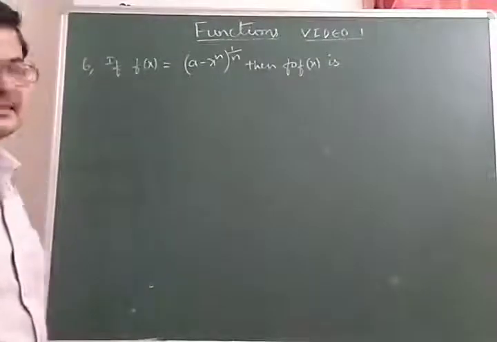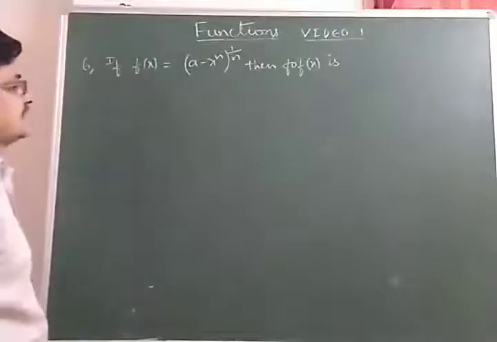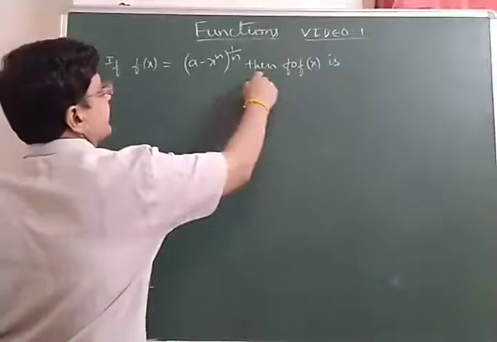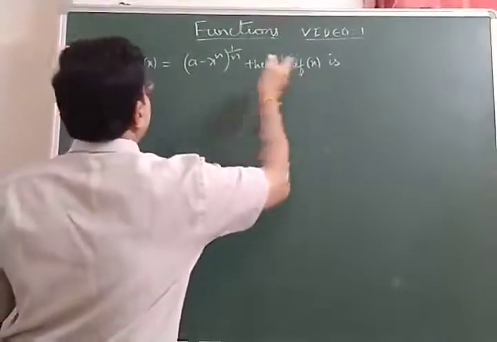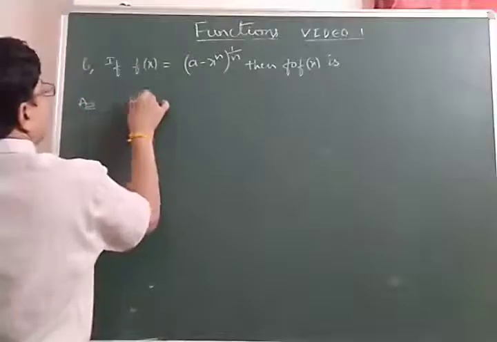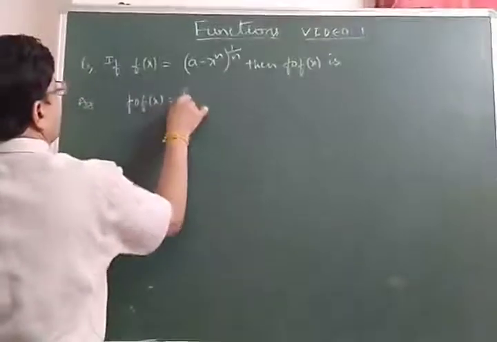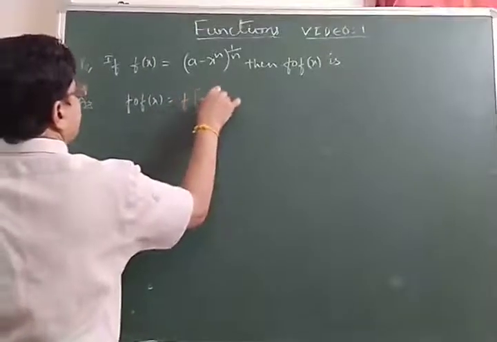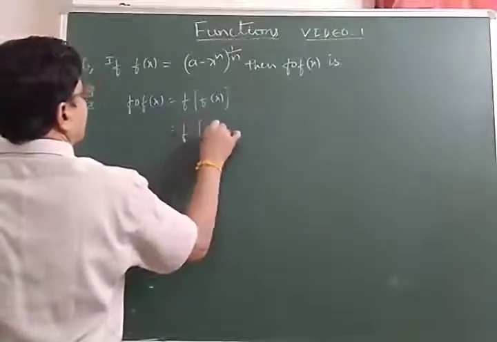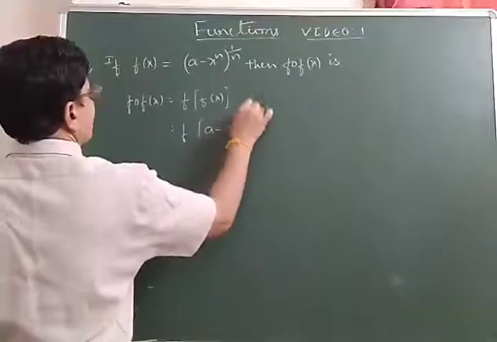Question number 6. If f of x is equal to a minus x to the power n, whole power 1 by n, then f circle f of x is, its answer, f of f of x. Here f of x is a minus x power n whole power 1 by n.